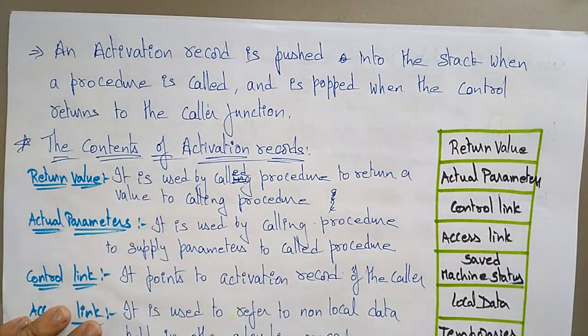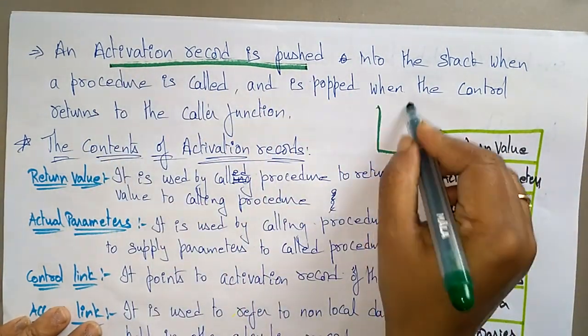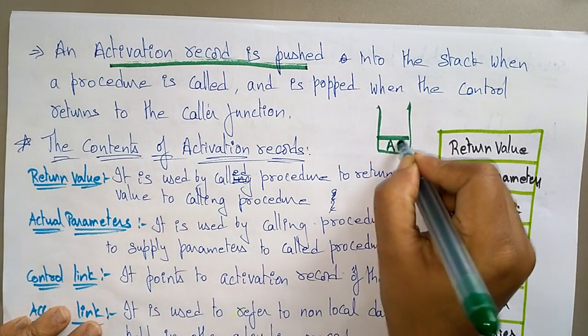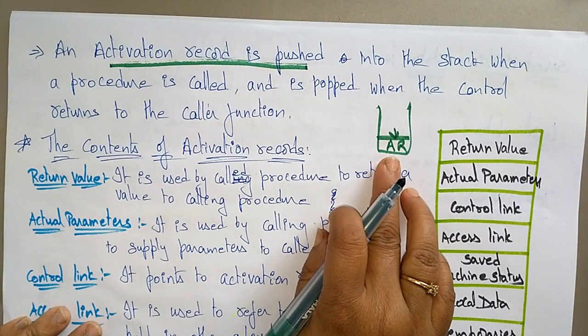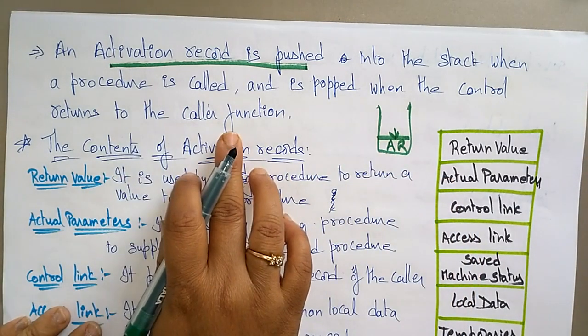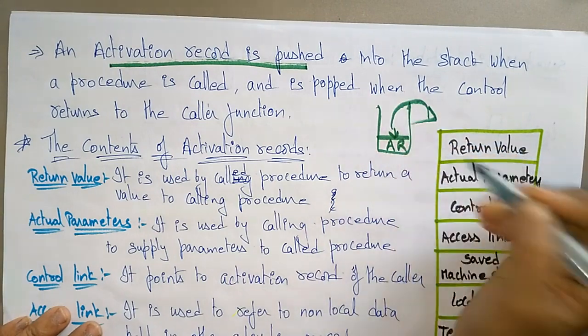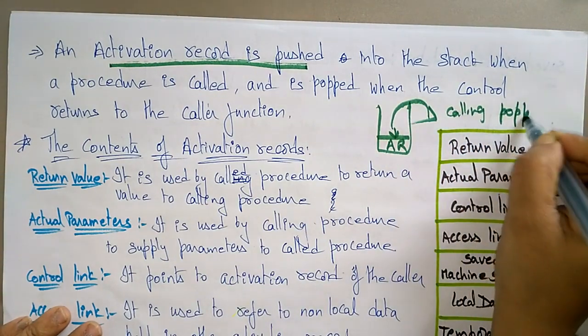So whenever the procedure is called, only then is the activation record pushed onto the stack. It is popped whenever the control returns to the caller function.